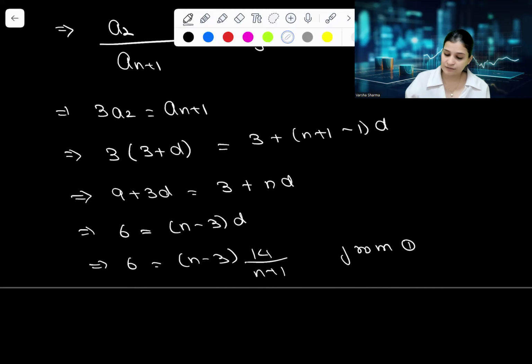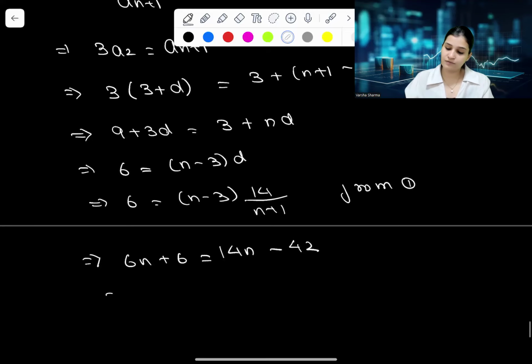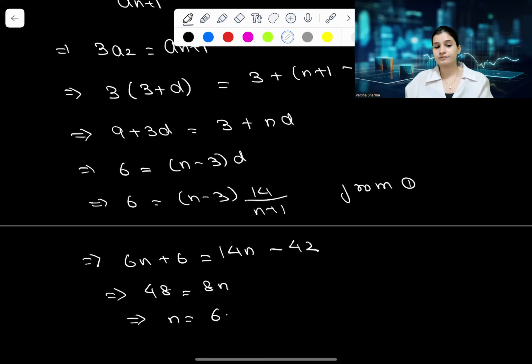Solve and find n. 6n plus 6, 14n minus 42. Solve. 48 equals 8n. So n will be 6.